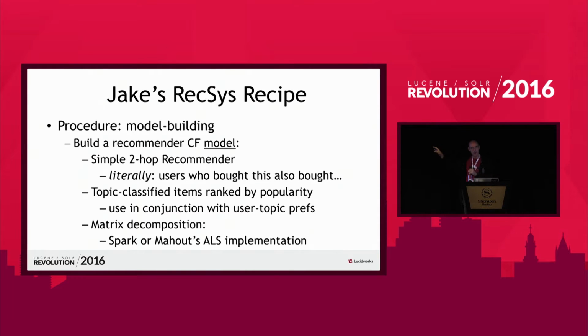The second one scales very well, and I'm not going to talk a ton about it, but in particular, this thing I'm going to call a simple two-hop recommender. I don't have a good name for it. Maybe there's a real name for this. I'm going to talk about it in detail later, but it's basically literally users who bought this item also bought this other item. And you explicitly take that set and possibly re-rank the results inside of it.